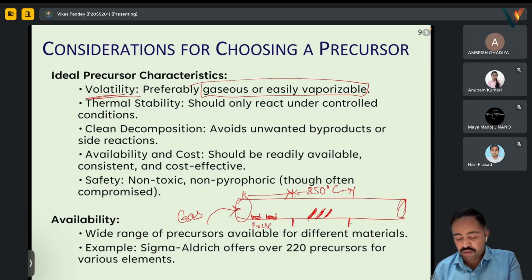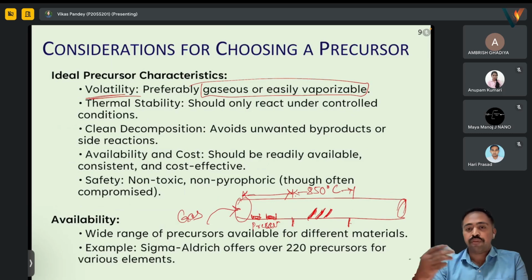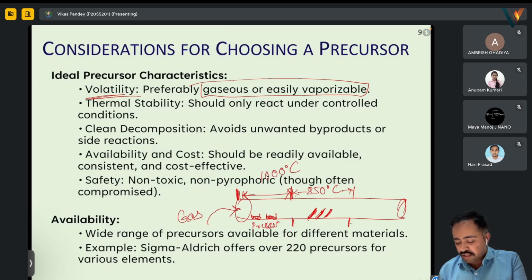Lower temperature. And why so? Otherwise, it will not be in vapor form. Yes, so it will not be in vapor form. And even if, suppose, it is vaporizing at 1000 degrees Celsius, then this area will have to go to 1000 degrees Celsius, and as such, we will not remain at 850 degrees Celsius.